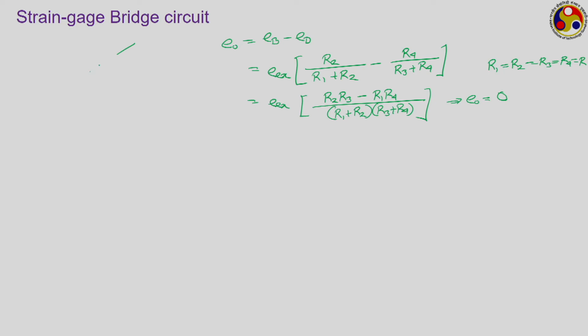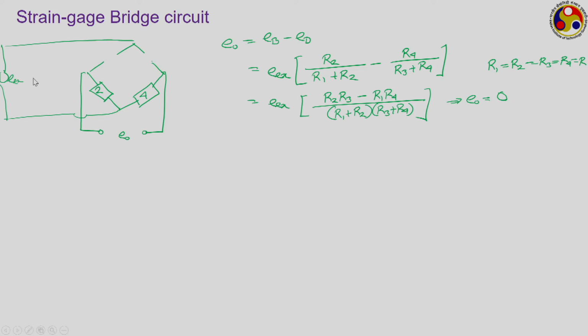Here, 1 and 3 are kept vacant, 2 and 4 will be the normal bridge resistances. They will be connected to the output voltage measuring instrument, which is giving E naught, and you also have the supply voltage at these 2 points. So, here you have this Ex.